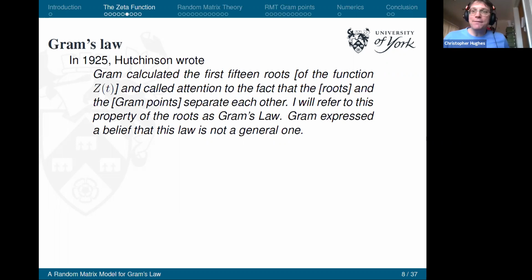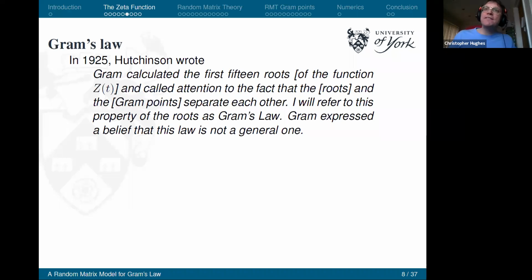And it was 1925 that Hutchinson actually coined the term Gram's law. He said, referring back to the 1903 paper of Gram, that Gram calculated the first 15 roots and called attention to the fact that they separate each other. The roots, the zeros, and the Gram points separate each other. And I will refer to this property of the roots as Gram's law.